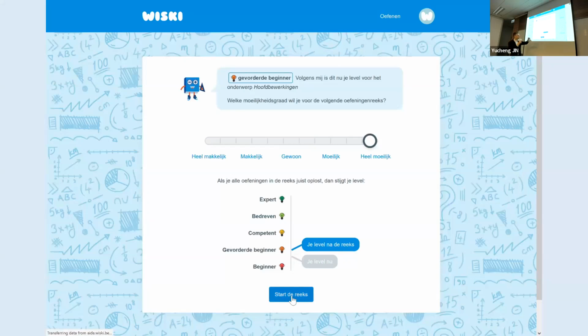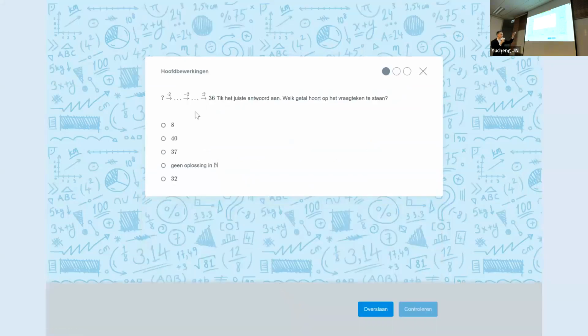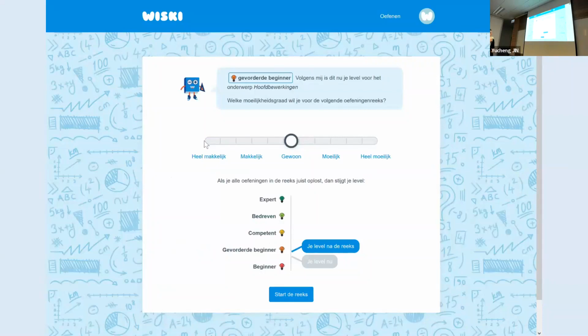So before students started these exercise series, they could change the difficulty level that they wanted. We also made it a bit more granular than before because we saw that students wanted that. And then based on whether they made it easier or harder, we showed what the impact would be if they would solve all the exercises correctly. So you saw that if they made it very hard, then it went up.